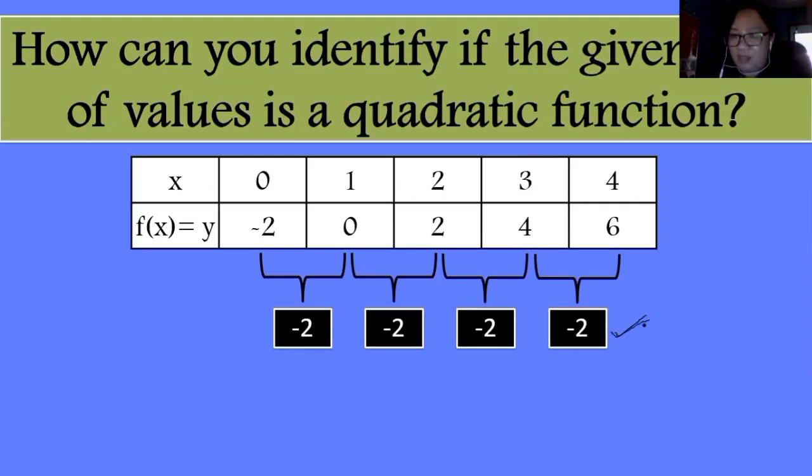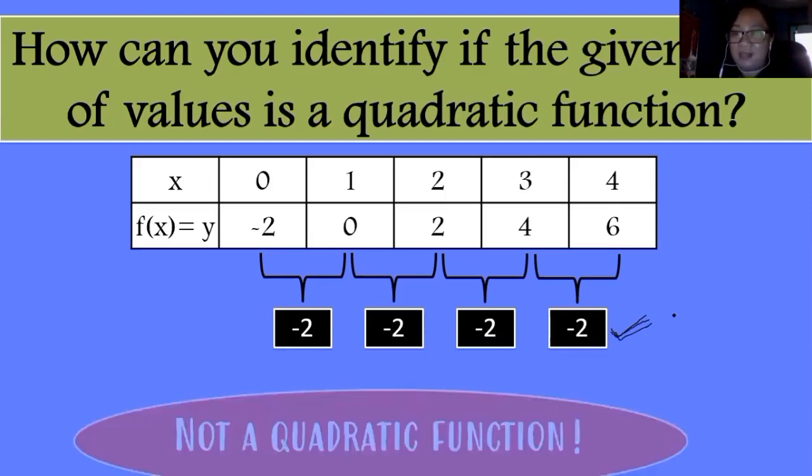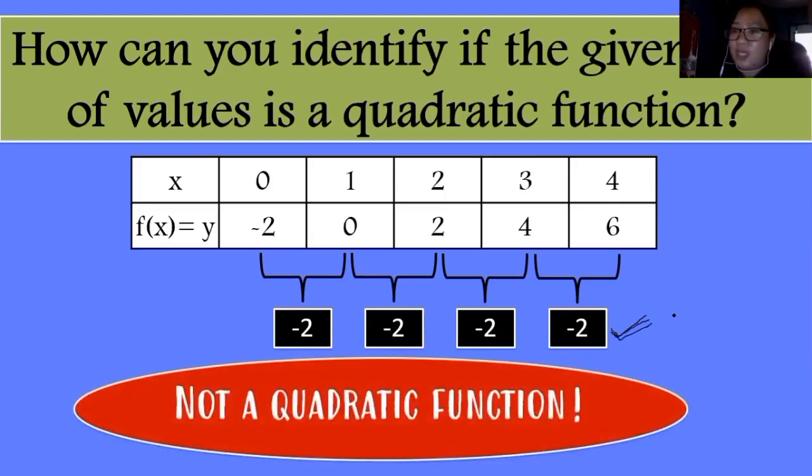So if you see that the differences are similar on the first layer, then this is not a quadratic function. This is a linear function. The similarity of the differences must appear on the second layer.